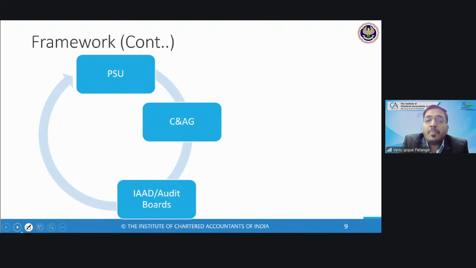Directions for audit boards also will be provided by C&AG, under the control of C&AG. So they don't have any legal department or legal entity. They are just like employees of the IAAD office or the C&AG office. Is it clear?